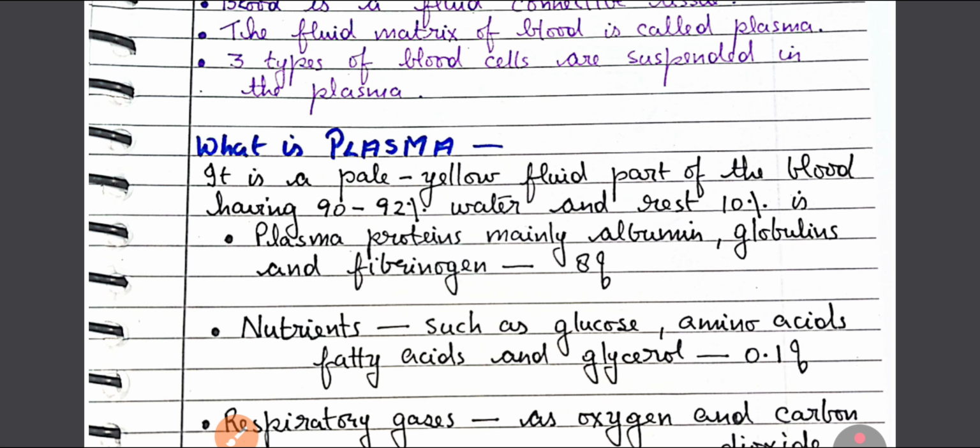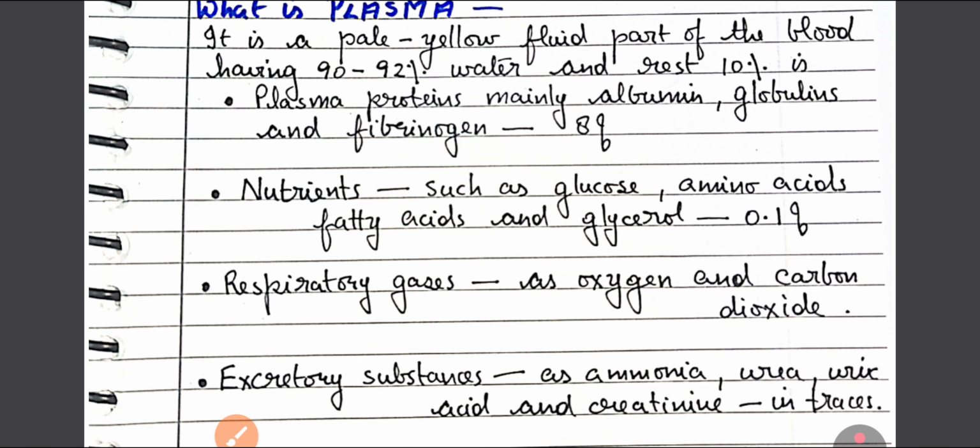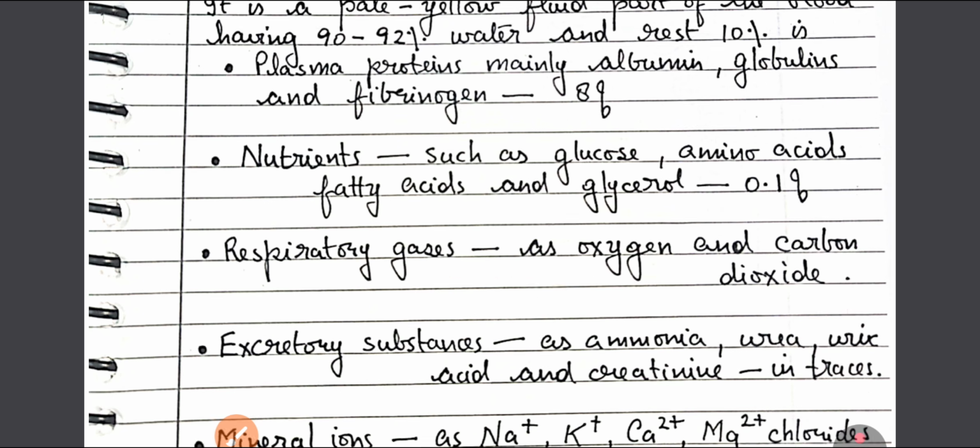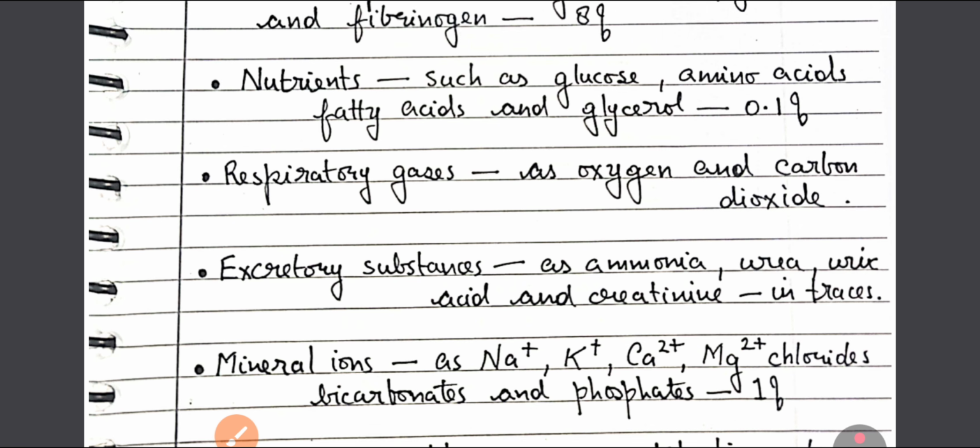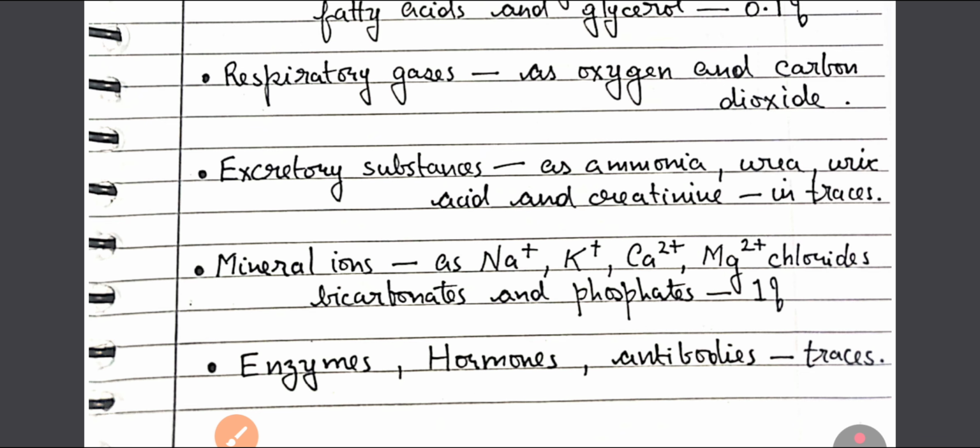Then we have nutrients such as glucose, amino acids, fatty acids, and glycerol, which is only around 0.1%. Respiratory gases such as oxygen and carbon dioxide are also dissolved in it. Excretory substances are found in traces, such as ammonia, urea, uric acid, and creatinine.